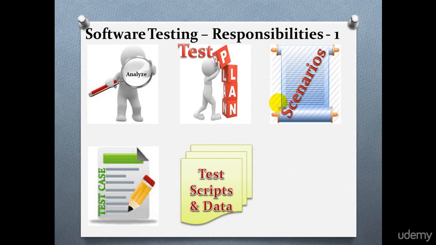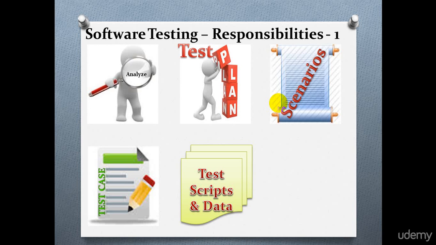Test scripts and data. If it is necessary to automate the application, based on the requirement, we can automate the application. Preparation of test scripts is very important in the automation process. This is done by the software tester. In addition, test data is the data which is used to test the application.